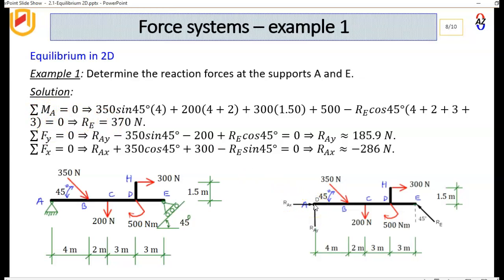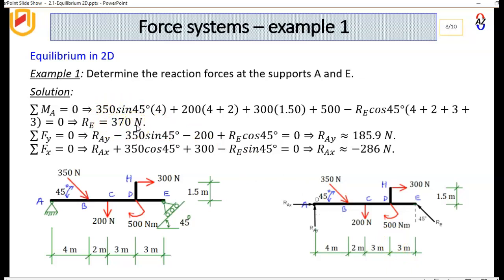So we have 350 sine 45, so the vertical component of this, times this 4 meters perpendicular distance, plus 200 times 6, plus 300 times 1.5, plus the 500 is a free vector, minus RE cos 45, which is the vertical component, times the sum of this, which I believe should be 12. When you do the arithmetic, you should be able to find that RE is 370 newtons.